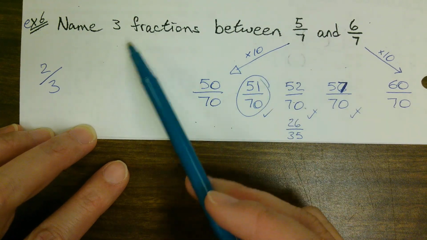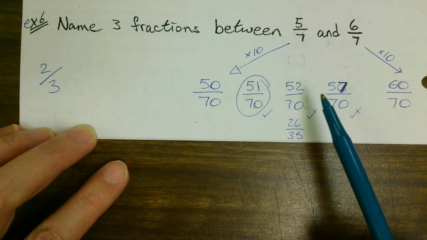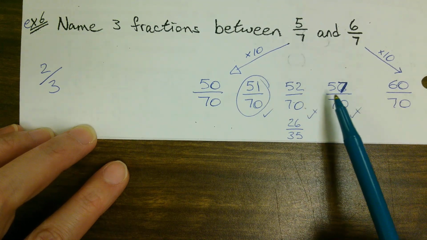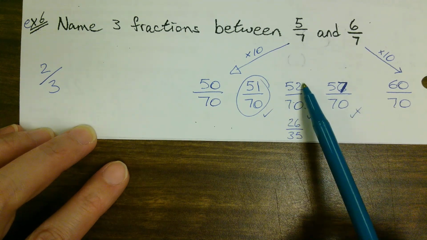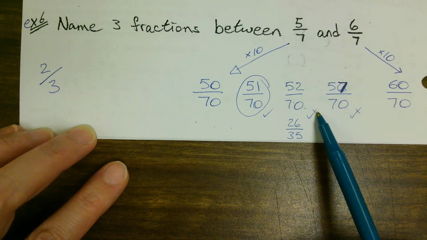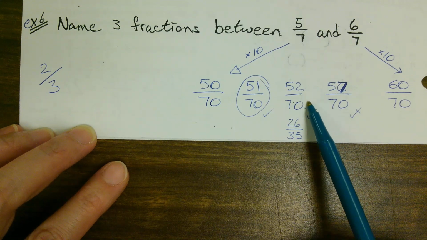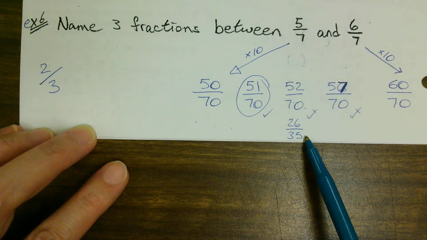So choosing 3 fractions in between, I can choose 51 over 70, 52 over 70, 53 over 70, 57 over 70, and so forth. But if I choose 52 over 70, I'm only going to get half a mark because this is reducible. So I can actually reduce this down to 26 over 35.